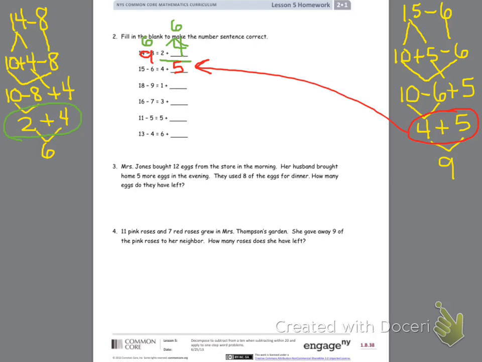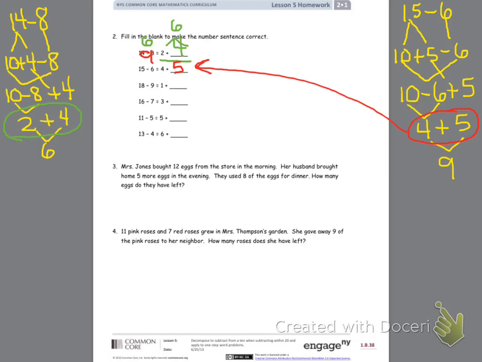For problems 3 and 4, we're going to use the skill we've been practicing to apply it to one-step word problems. Mrs. Jones bought 12 eggs from the store in the morning. Her husband bought 5 more eggs in the evening. They used 8 of the eggs for dinner. How many eggs do they have left? I always like to underline the important information.